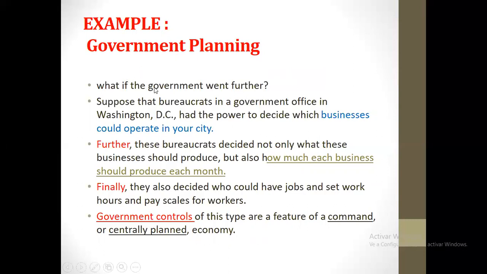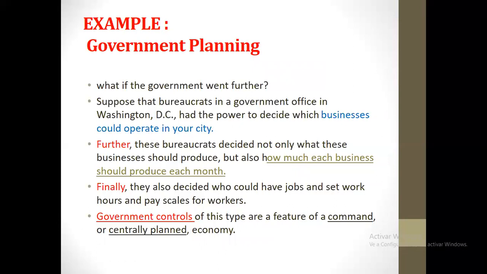Okay, now let's see this in an example, guys. What if government went further? If that government had more power and went further. Let's suppose the bureaucrats in a government office in Washington DC had the power to decide which businesses could operate in your city, in your town, in your country.